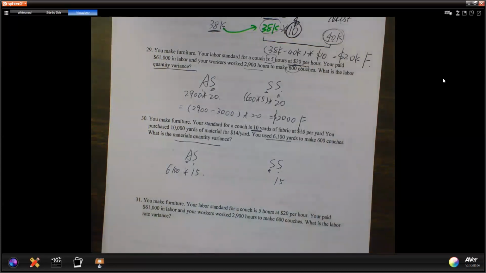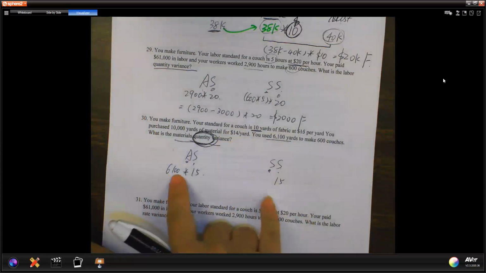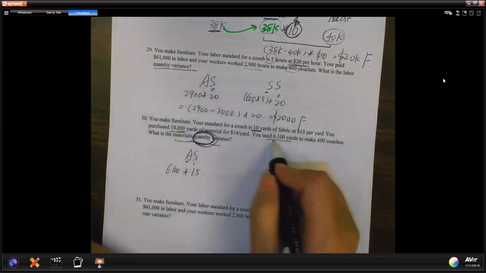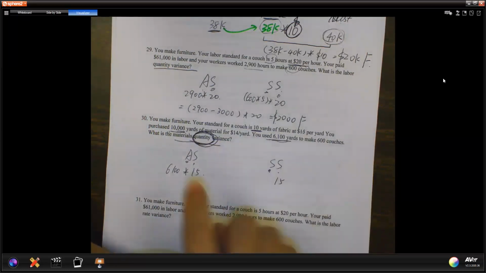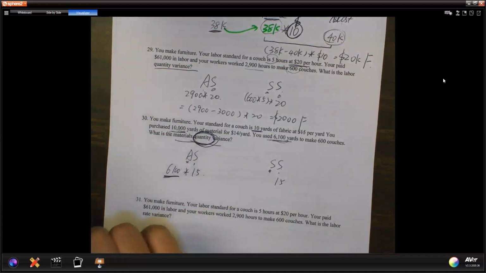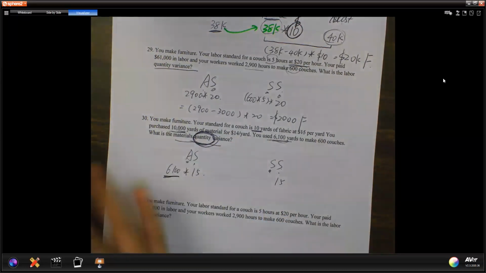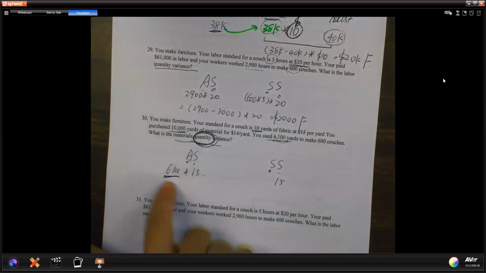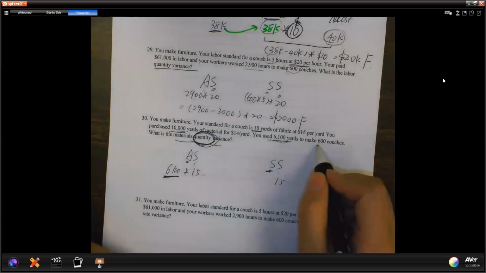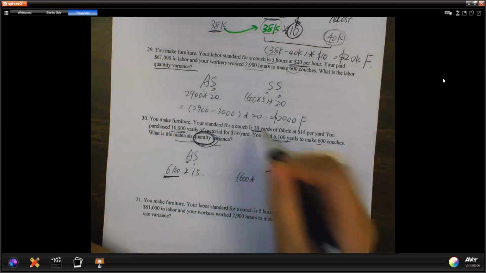Okay, so quantity variance, right? So this is for the units you used. Remember this one, you purchased 10,000 yards, but you used 6,100 yards. When you do quantity, you use the yards you used. When you do price, you use the yards you purchased. But I said in the exam, I'm not going to give you this hard one. So you use the yards you used, and our standard budget is we made 600 products, and we thought each one we would just use 10 yards.